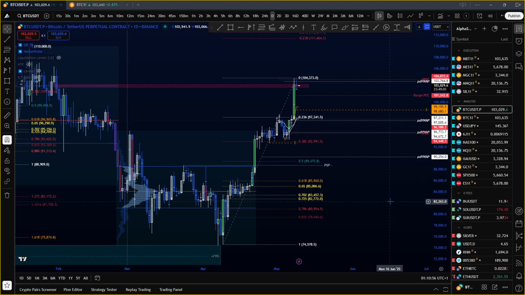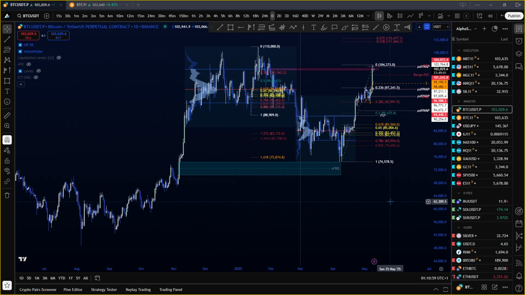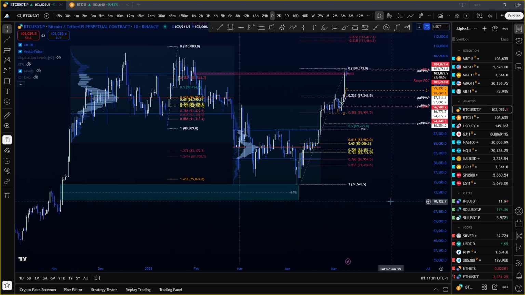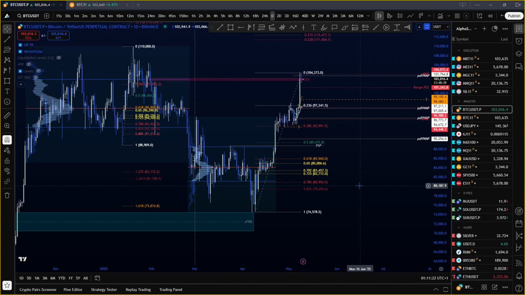Also, if this is an Elliott wave, then it becomes potentially ginormous for a move up. Because if this is the first move, holy macro, the first leg, holy shit, right?